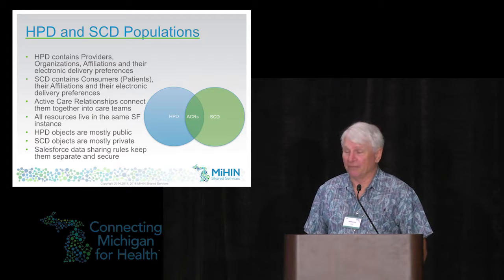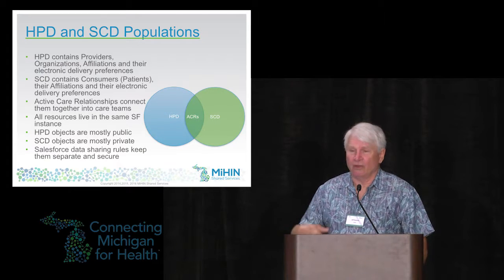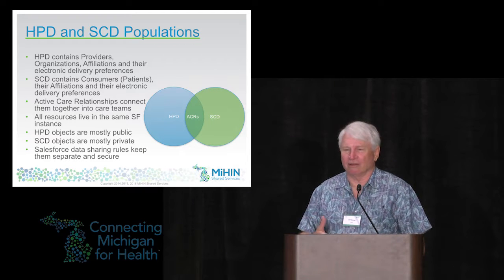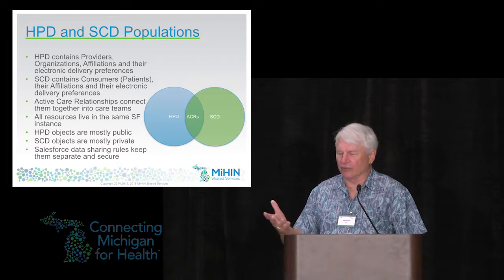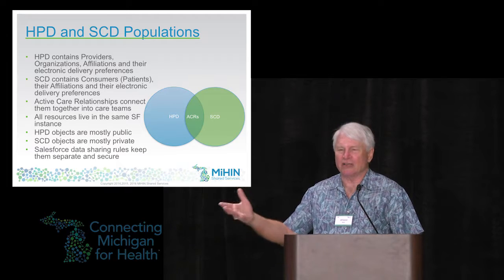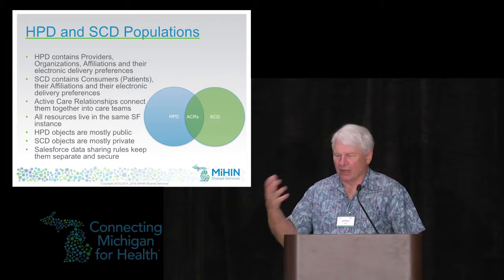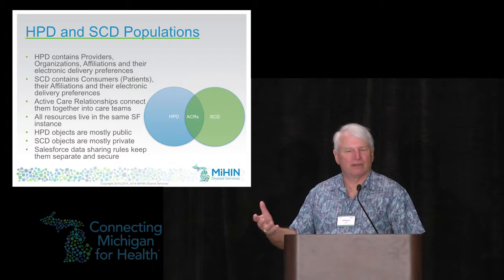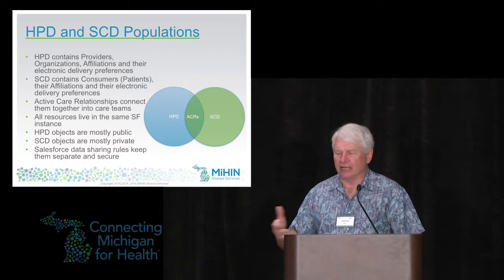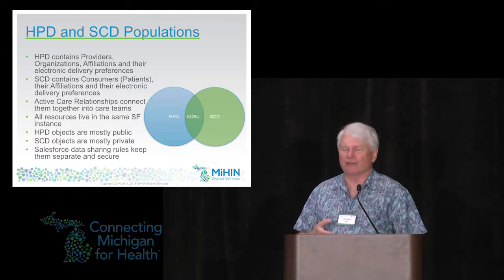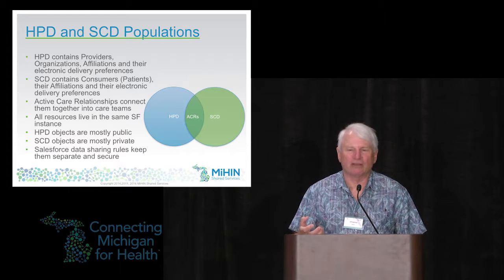Go figure. And so I'm the architect of the provider and consumer directories, and we have implemented on Salesforce a population of providers. That's the health provider directory, and it contains providers and their organization affiliations and their electronic delivery preferences.